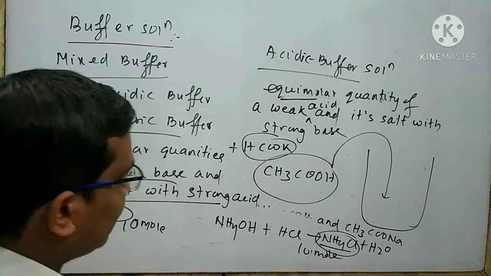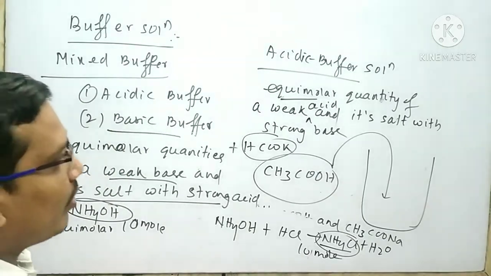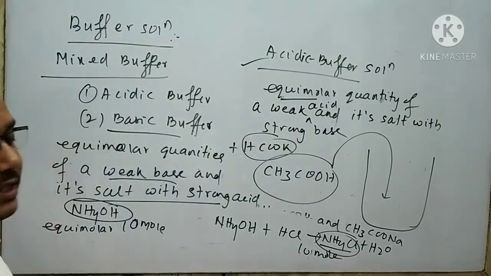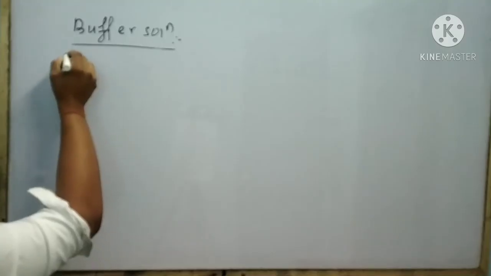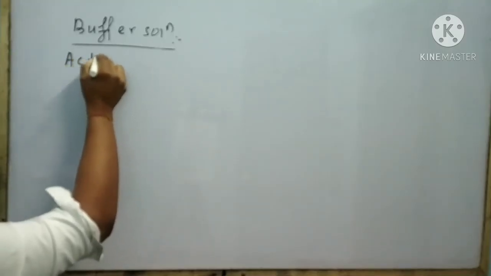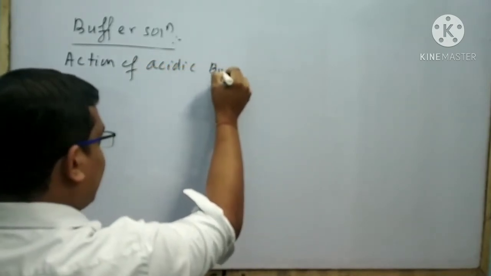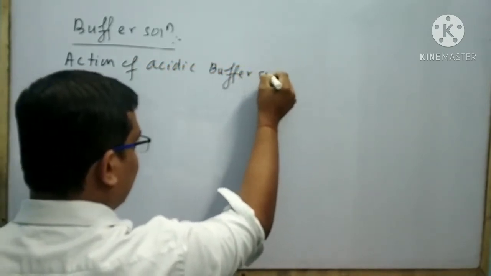Equimolar quantities means same molar quantities. There are many examples of acidic buffer solution and also many examples of basic buffer solution. Next, I want to explain about the action of acidic buffer solution.